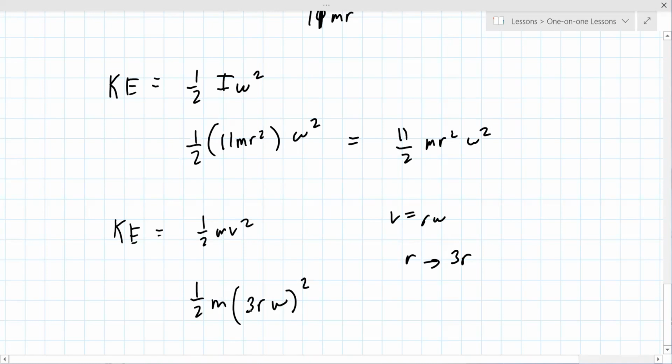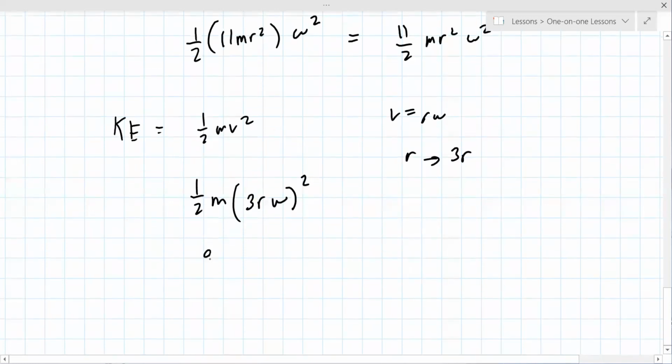So that gives you a 9. So it gives you 9/2 m R squared W squared. I guess I would give that one a try. m R squared W squared.